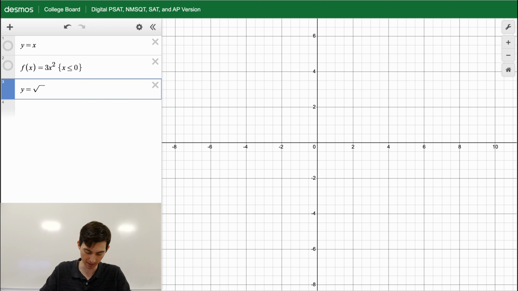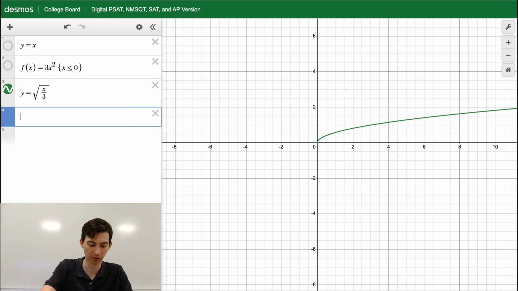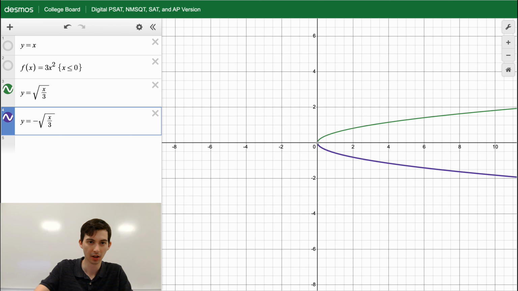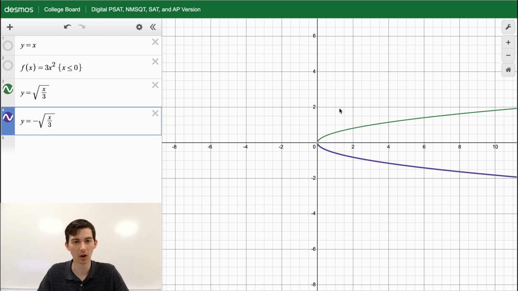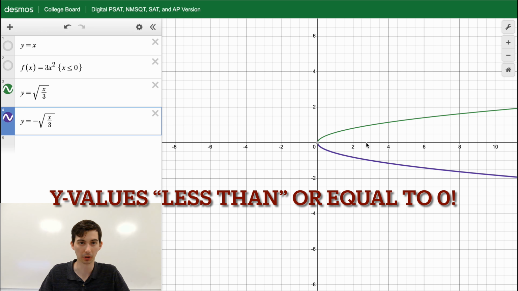So I have y equals the positive version of the square root of x divided by 3, and y equals the negative version of the square root of x divided by 3. And so I typed in y here because I'm looking for my range where y is less than or equal to 0.